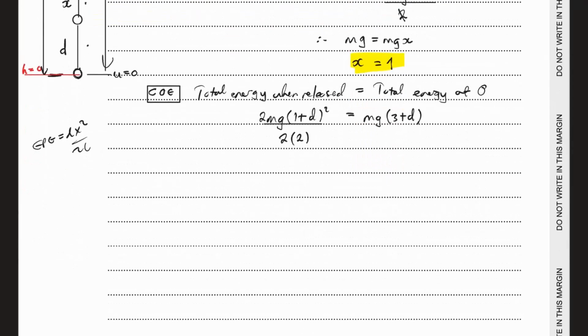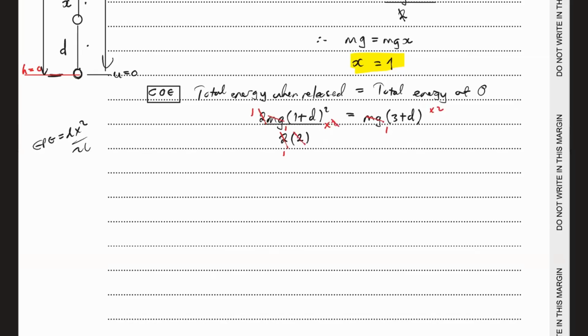Right, so basically we're going to cancel out this 2 and this 2 down. They divide into each other and go in once. I'll divide mg both sides. And I'm going to multiply both sides by 2. So the 2s cancel.